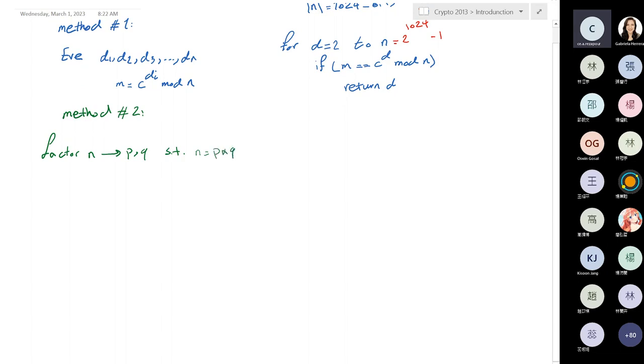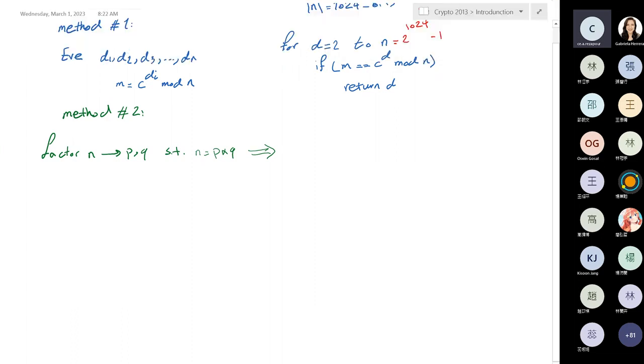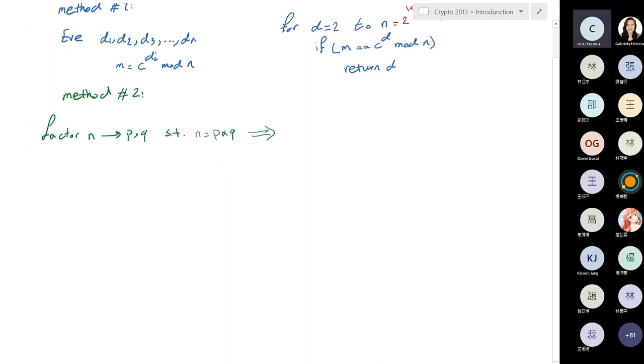If we know this piece of information, then of course we can go ahead and do this computation and compute D in polynomial time, because we know the rest of the steps. And the problem was to find p and q.